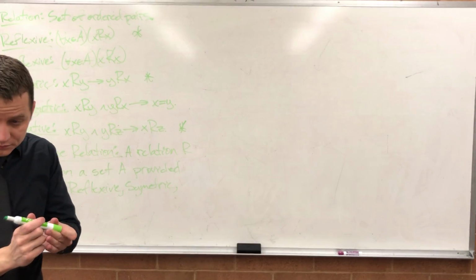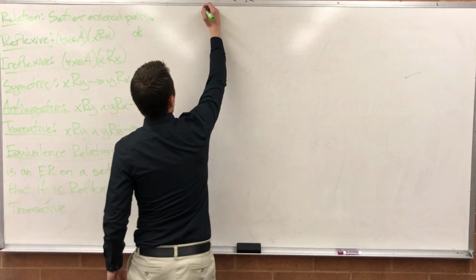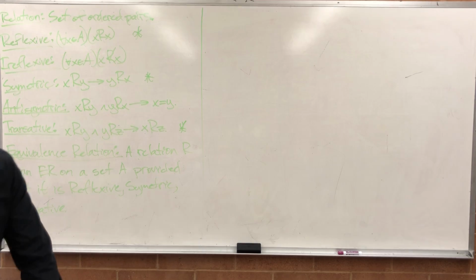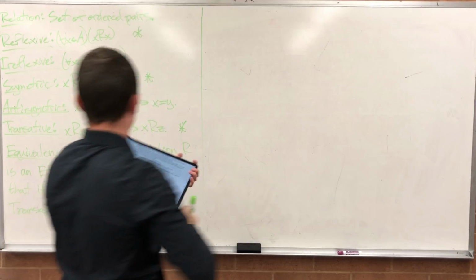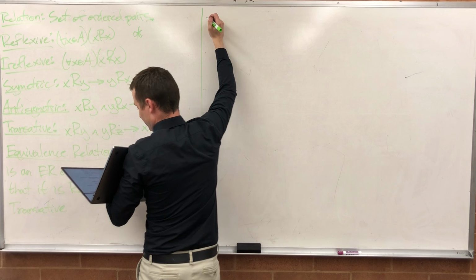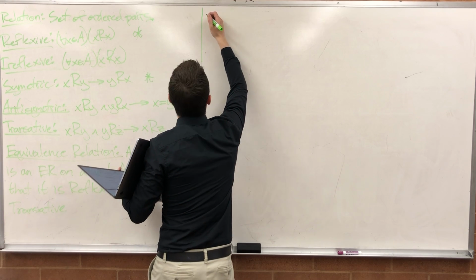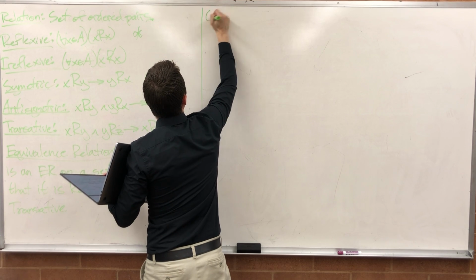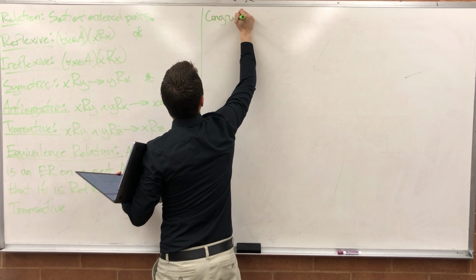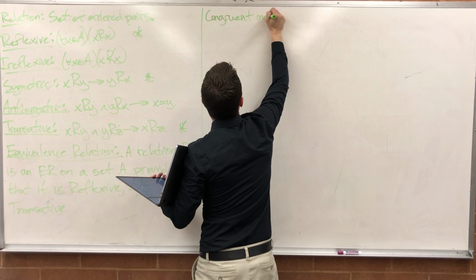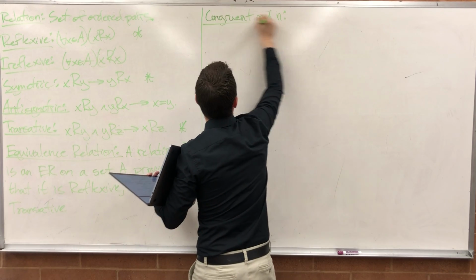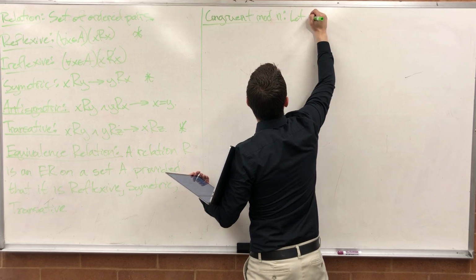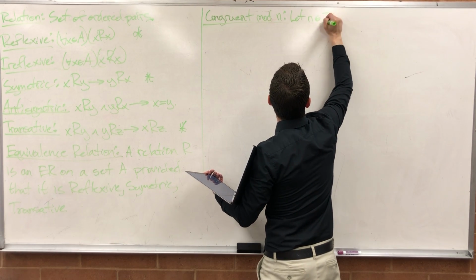Okay. So congruence modulo n. Defining a new relation: congruent mod n. Let n be a positive integer.